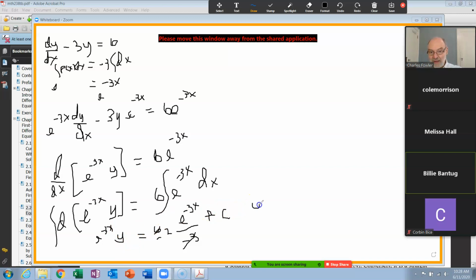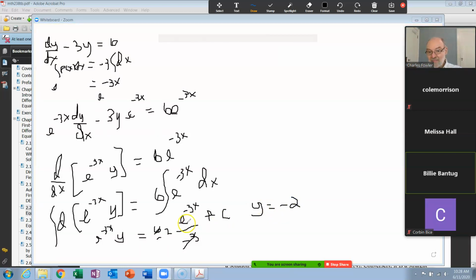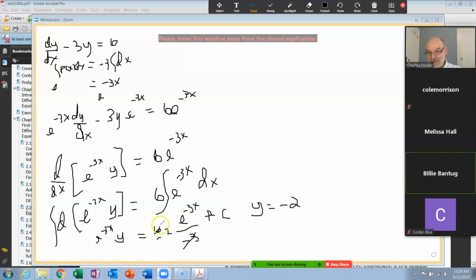So that'll be y is equal to, okay, the minus 2 is still there. Now when you multiply this by e to the 3x, just like here, it disappeared.